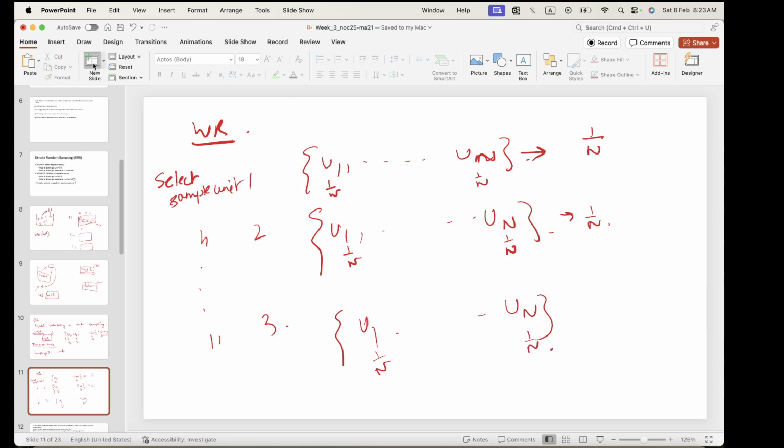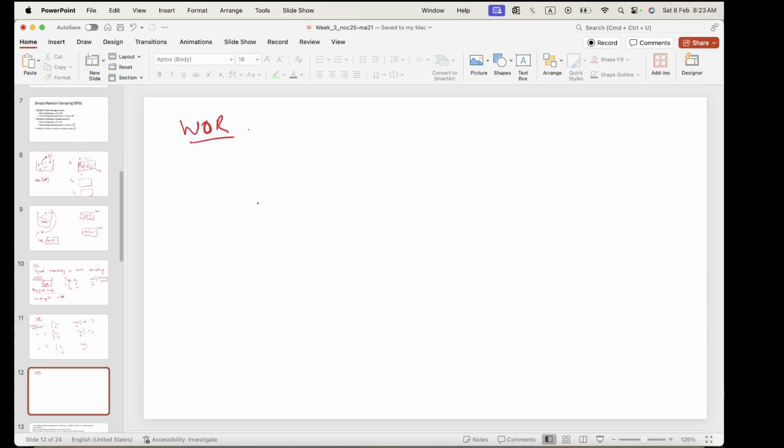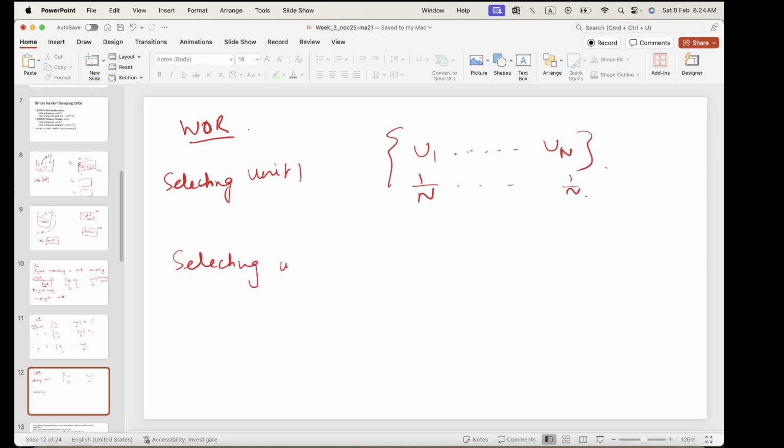But when we move on to a without replacement case, then when I am selecting unit 1, my sampling frame remains u1 to un. So I have assigned probabilities equally. Whenever I am proceeding to selecting unit 2, suppose I have selected a unit k typically.